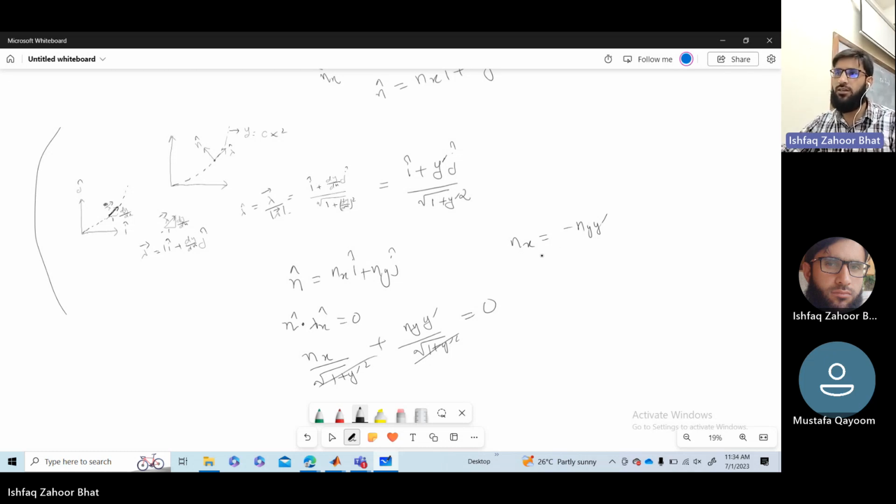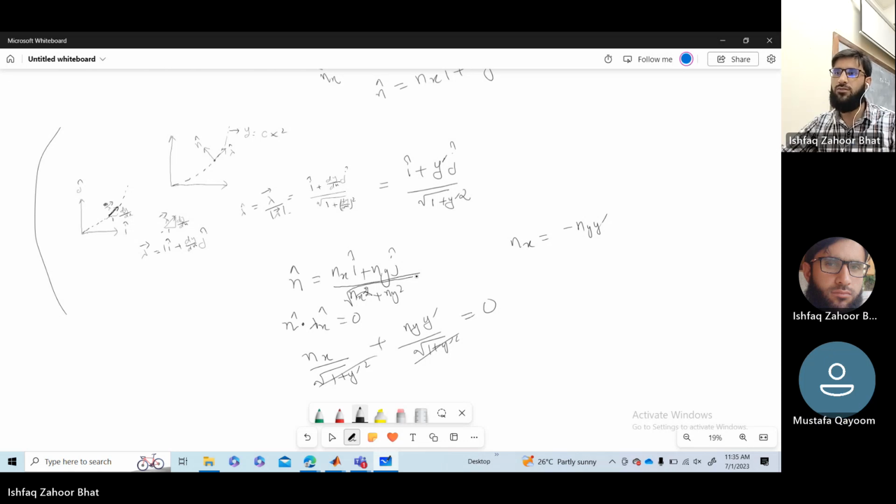We can choose anything for this nx. Okay, I think I am making a mistake. Yeah, here I am making a mistake. I should divide this by the mod of n there, that is the root of nx square plus ny square.